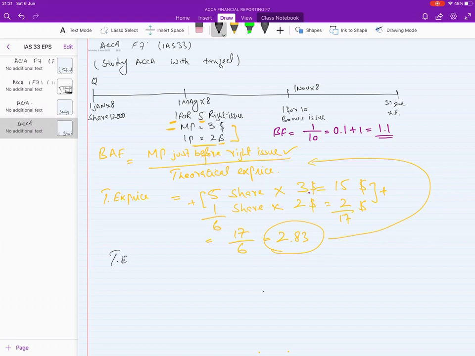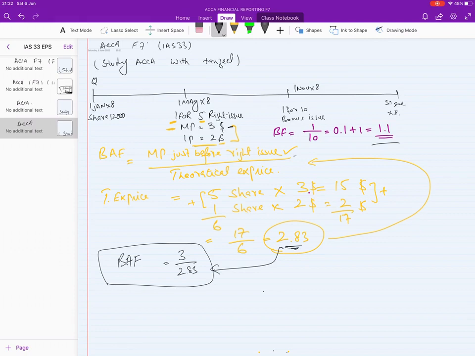Now theoretical ex-rights price is 2.83. The market price just before the rights issue is 3. So 3 divided by the theoretical ex-rights price 2.83 is your bonus adjustment factor. Okay, so this is your bonus fraction and this is your BAF.